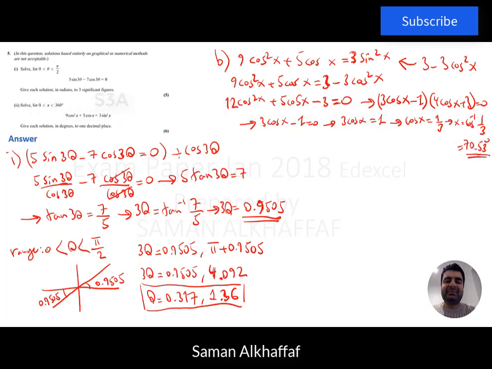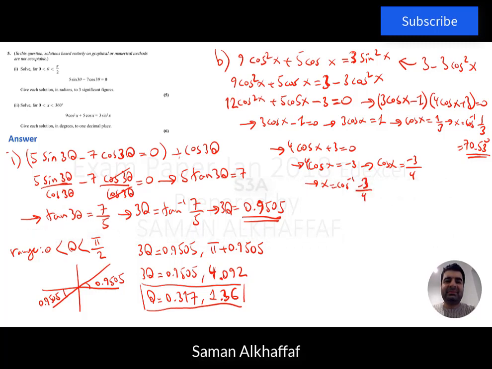Now for the second bracket, which is 4 cosine x plus 3 equal 0. That will give us 4 cosine x equals minus 3, and then cosine x equals minus 3 over 4. So x equals cosine inverse of minus 3 over 4.